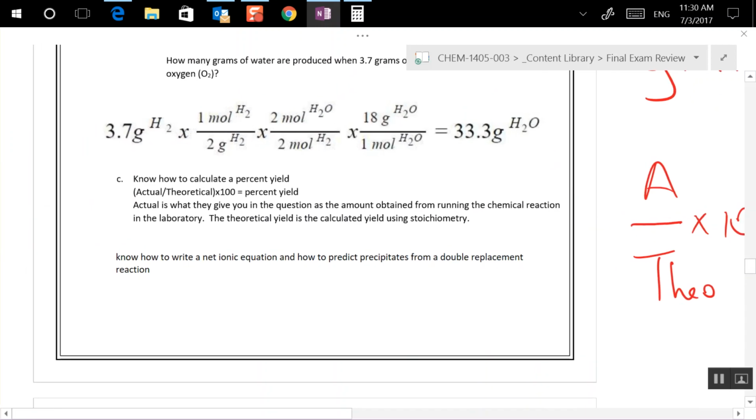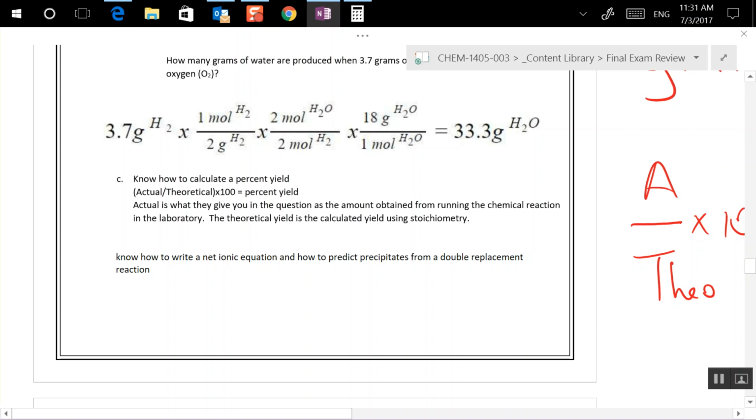Theoretical yields are always in gram amounts. Okay? So if they don't tell you to calculate the grams of water, that's because they assume you know you're supposed to. Because it's a percent yield. Percent yields are done in gram amounts, not in moles.